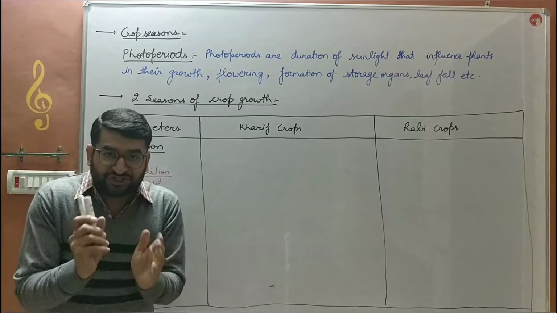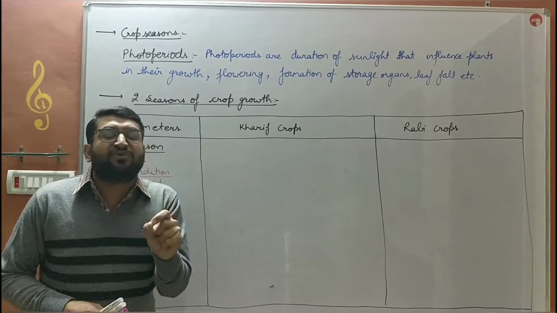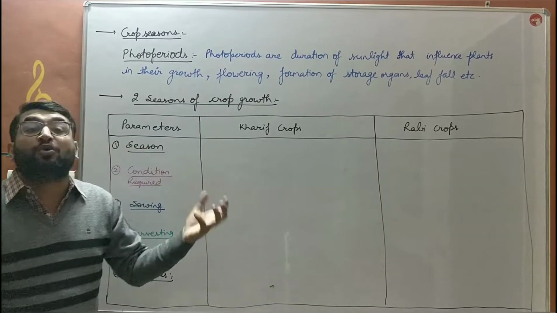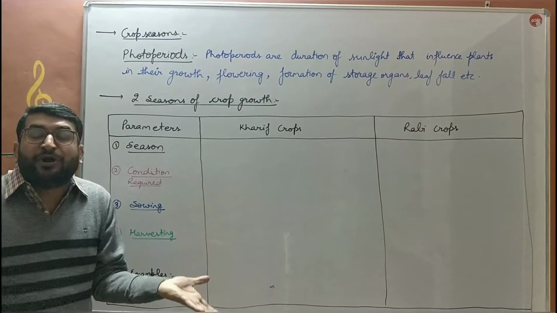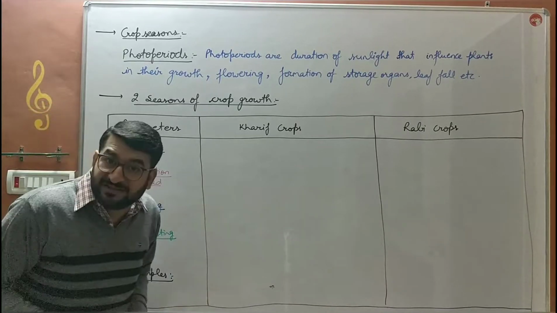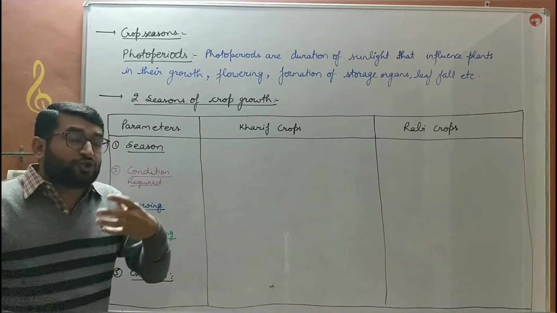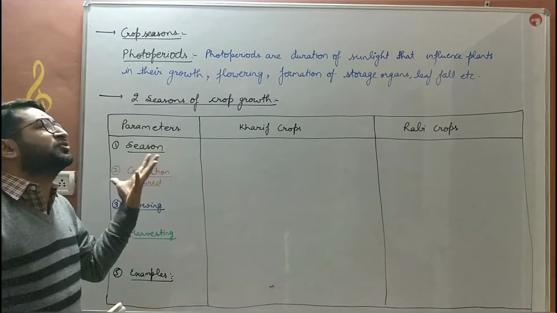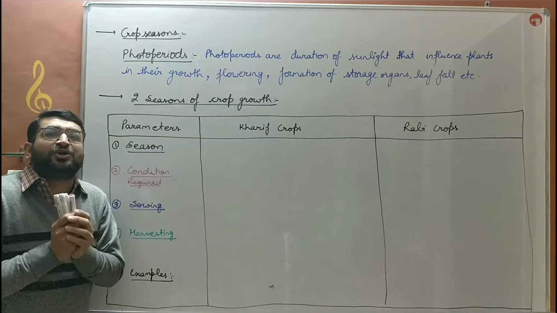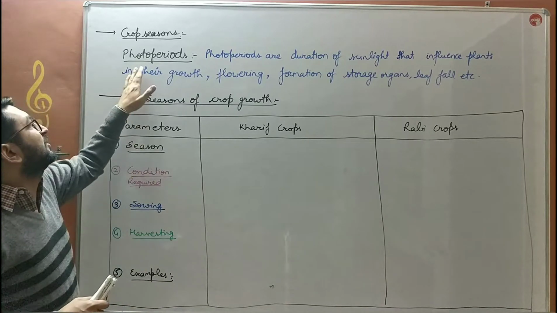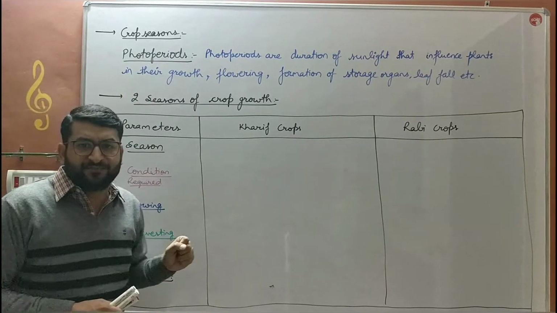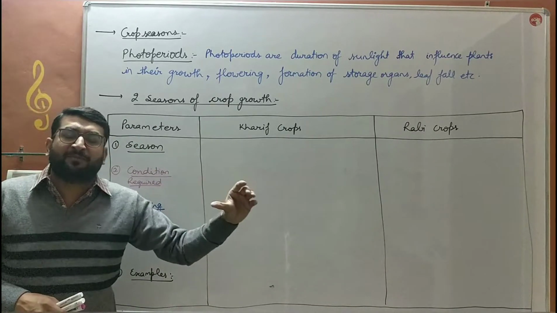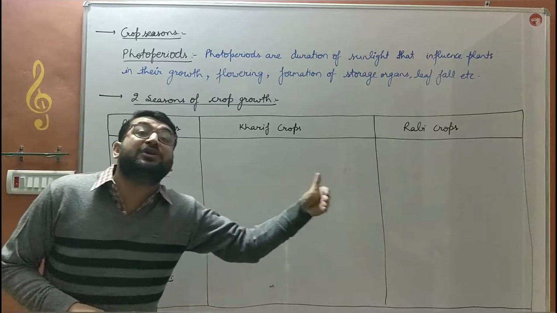It is the duration of time required by the plant, by the crop, for its growth, for its production of various reproductive organs, production of its storage organs, leaf fall, etc. All those processes require a duration of time, and that is known as a photoperiod. Some plants require a short duration of sunlight, and some require a longer duration.